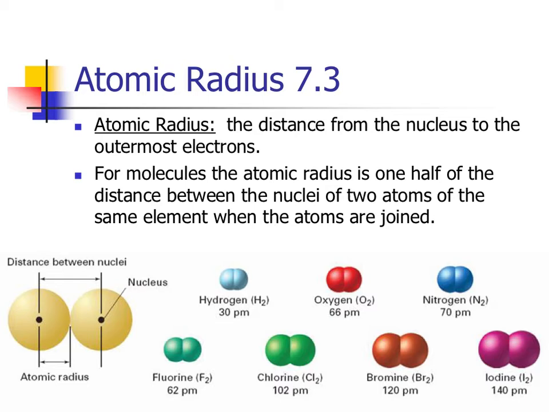But they do get bigger, as you can see, with some of the bigger elements. And there is a nice trend for this, and we will look at that trend as we go further.